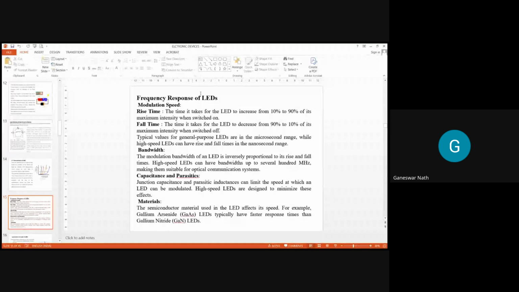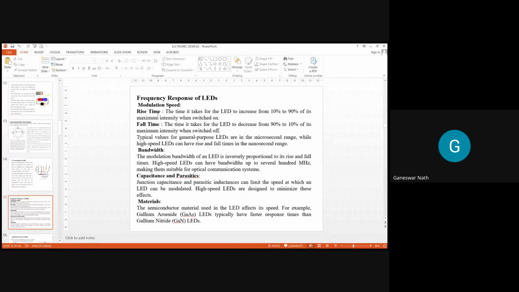So in this frequency response of the LED, one is called the modulation speed. Rise time is the time taken by the LED to increase from 10% to 90% of its maximum intensity when it is switched on. That means when you apply the voltage, during that time it takes about 10 to 90% of its maximum intensity from the supply to get switched on.